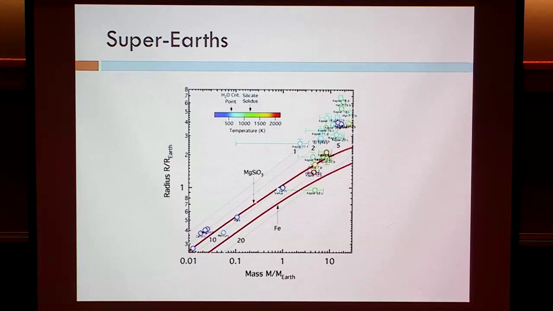This is the curve for pure magnesium silicate planets. This is the curve for pure iron planets. And these are, as of about a year ago, all of the planets in this mass range for which the mass and radius had been determined. And there are some that fall within this sort of rocky range here. And so you can start thinking about at least the core to mantle mass ratio in some of these planets.